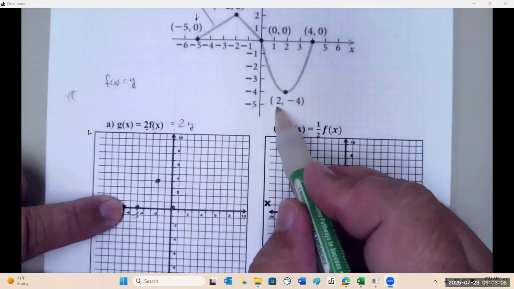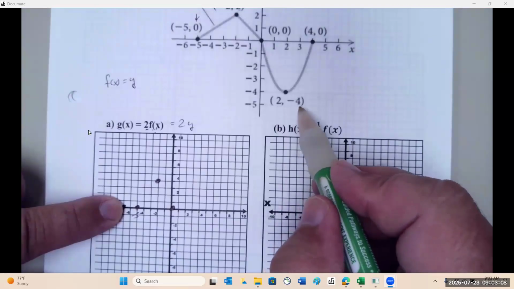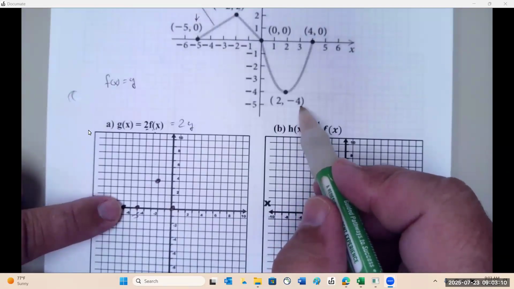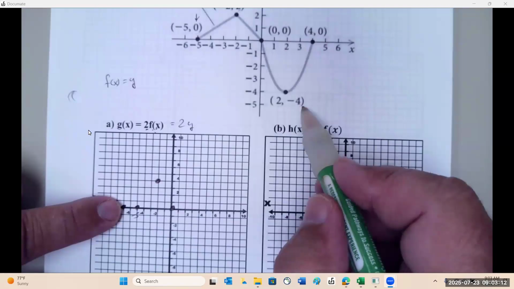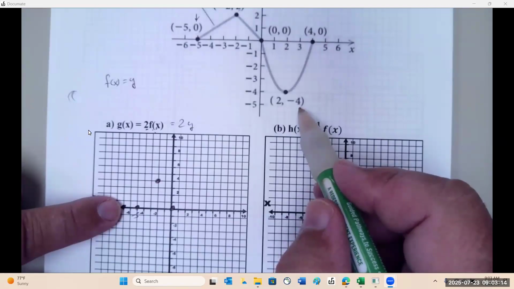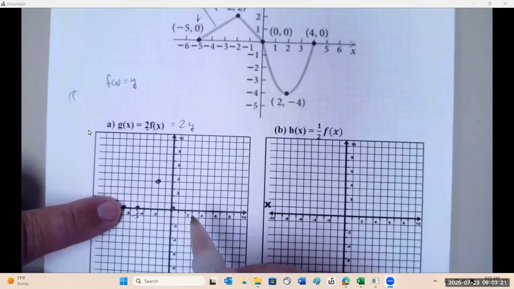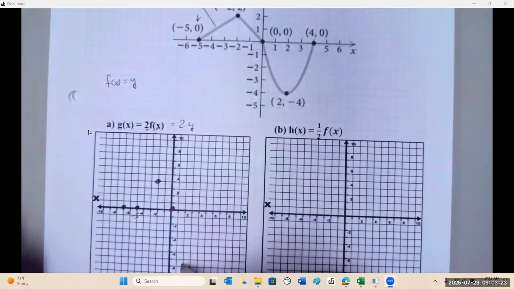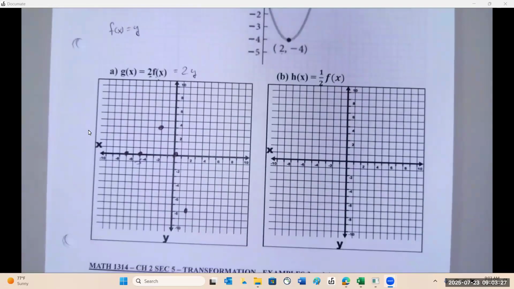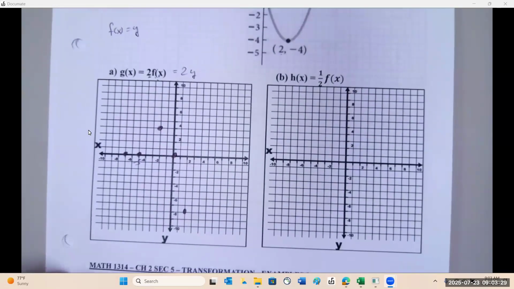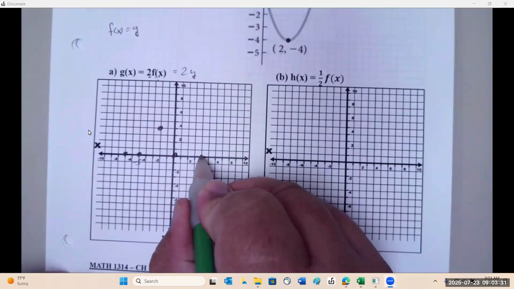The next one, I have 2, negative 4. So what does it become? Yeah, it becomes 2, negative 8. So at 2, I go all the way down to negative 8. There's my new point. And the last one is 4, 0, so it just stays there.